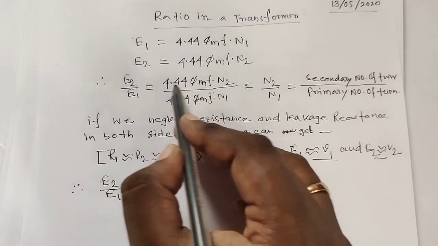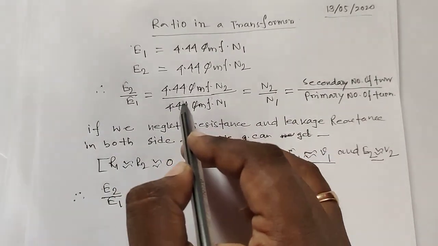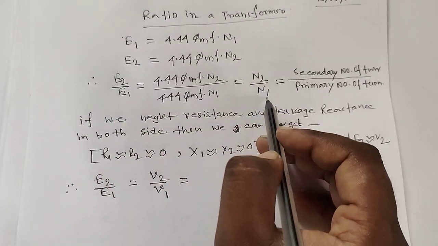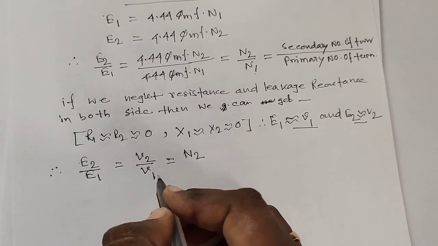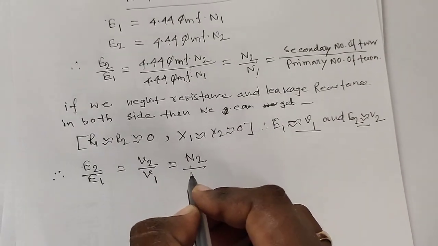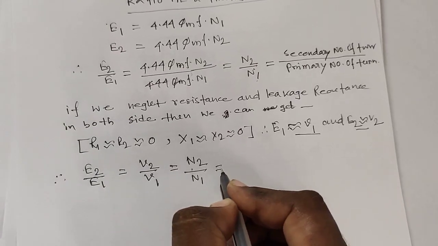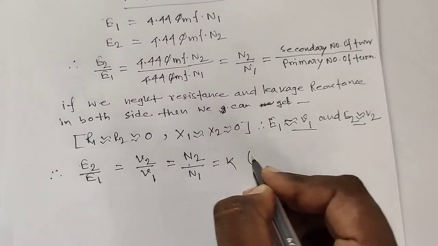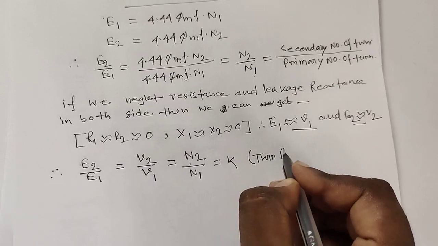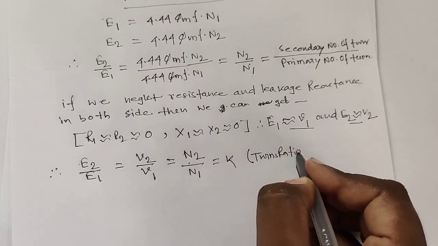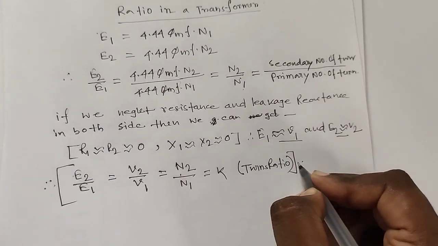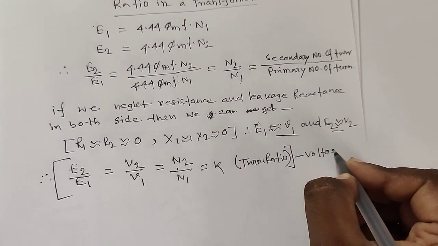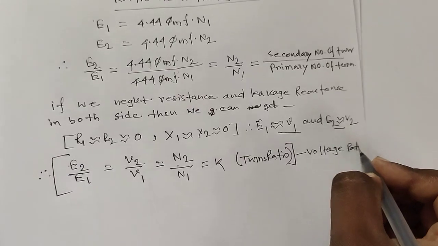From the EMF equation ratio, E2 by E1 is equal to N2 by N1. Then we can write E2 by E1 is equal to V2 by V1 is equal to N2 by N1, which is nothing but K. K is the turns ratio. This ratio is also called the transformer voltage ratio.